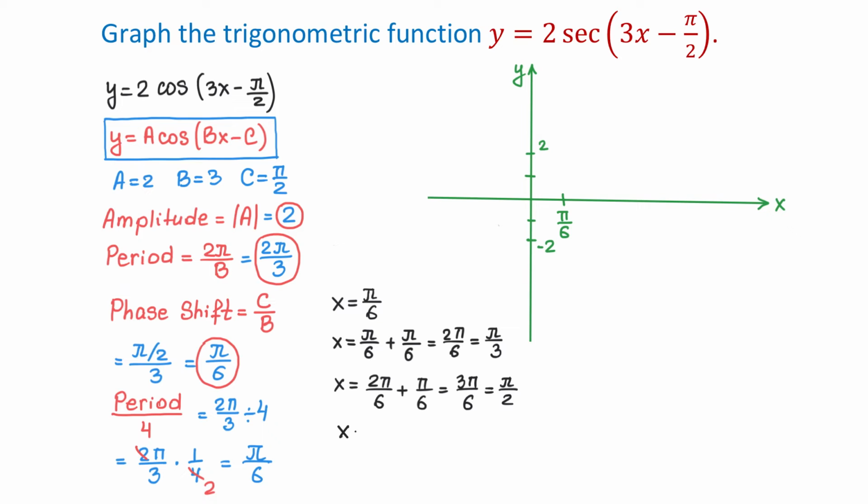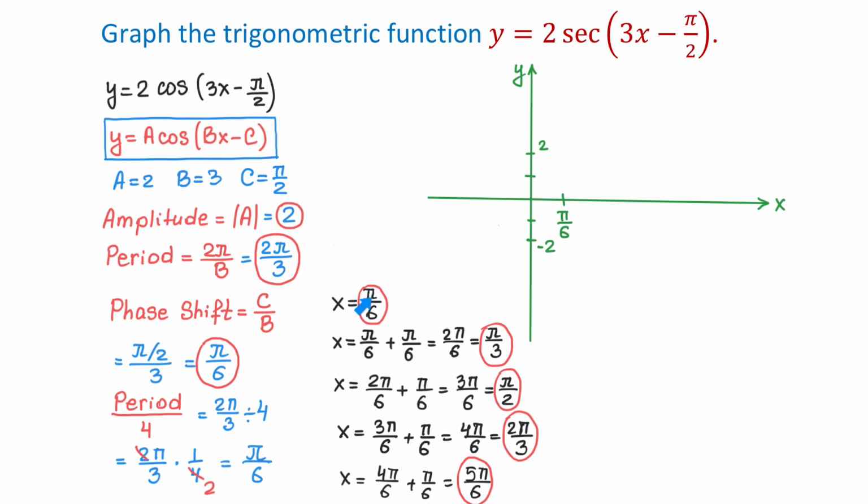Then x equals 3 pi over 6 plus pi over 6, which makes 4 pi over 6 or 2 pi over 3. And now let's find one more x-coordinate, and for this we will take 4 pi over 6 and add pi over 6, and this will give us 5 pi over 6.